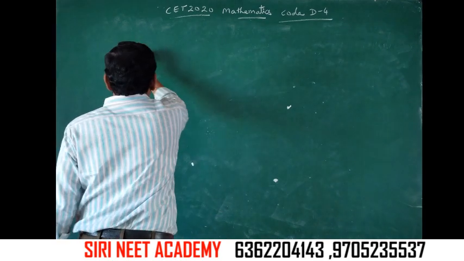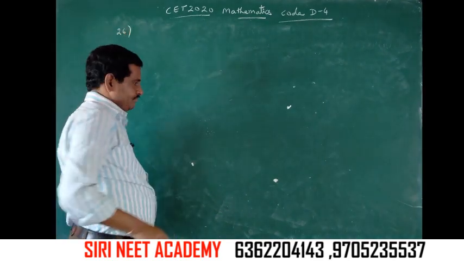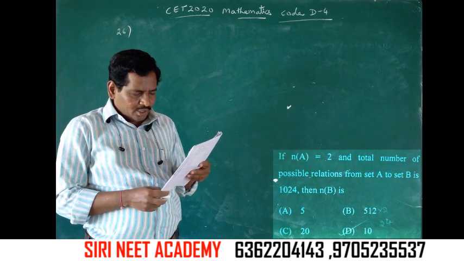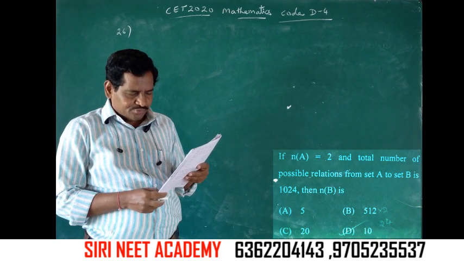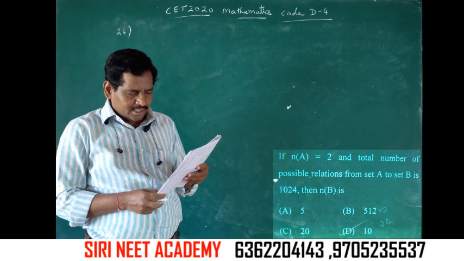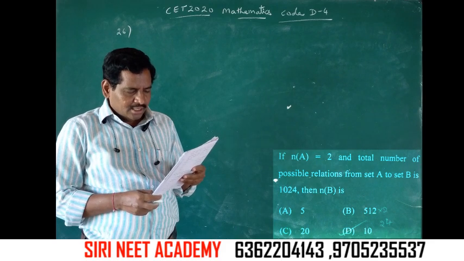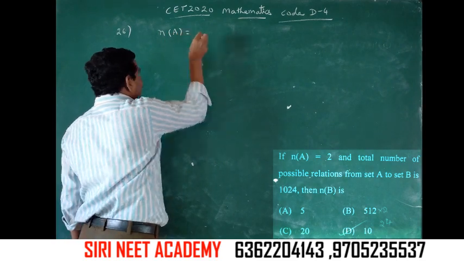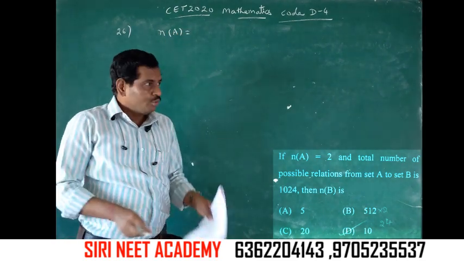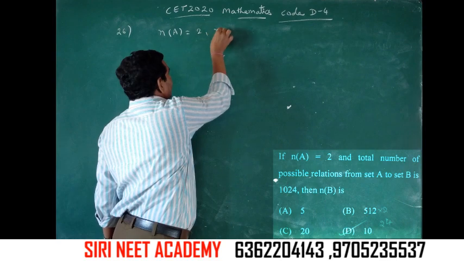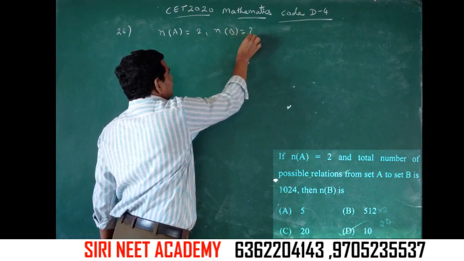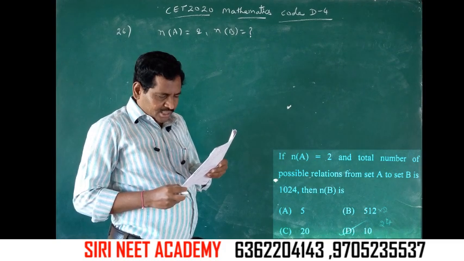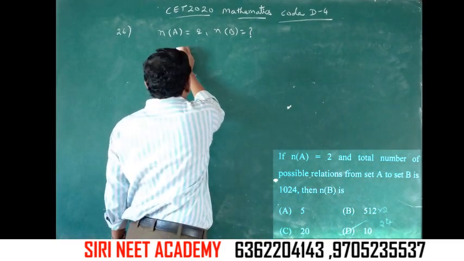Question number 26. If n of A is equal to 2 and the total number of possible relations from set A to set B is 1024, then the number of elements in B. Given n of A is equal to 2, you have to find the number of elements in B, and the number of relations from A to B is 1024.